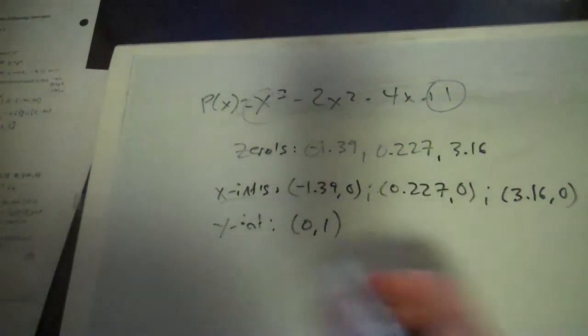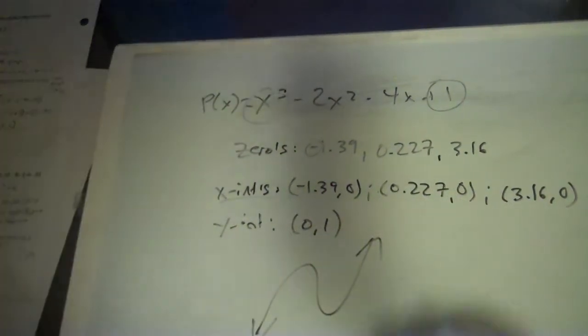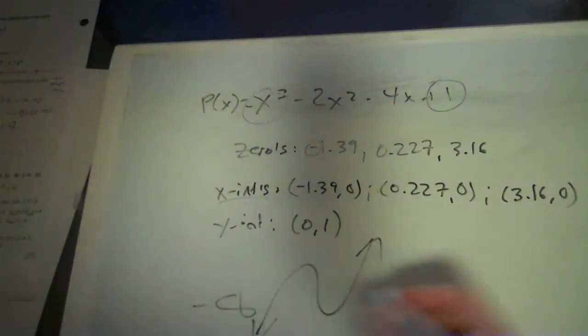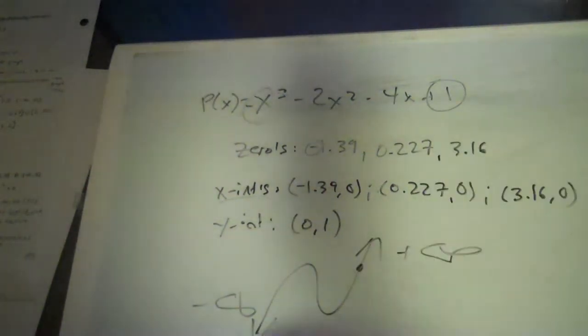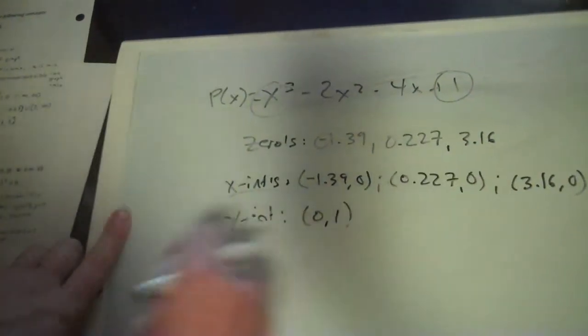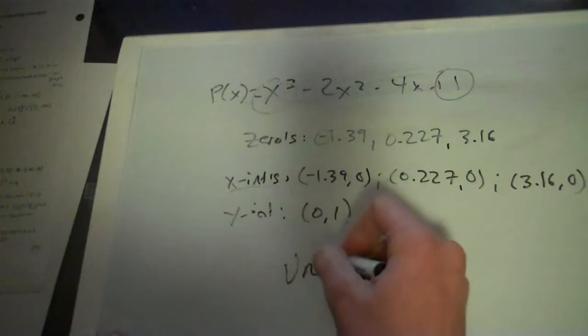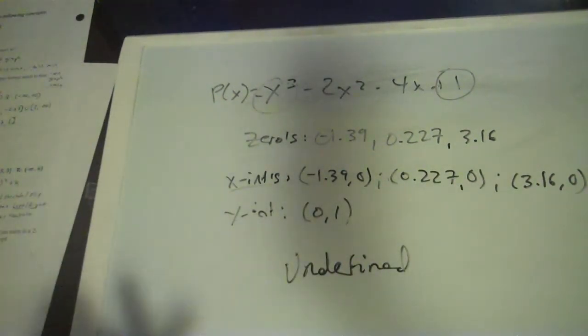This graph looks like this, and we have negative infinity and positive infinity, so you can't say that any point is the extrema, because it keeps going. So we don't have a defined extrema. It's going to be undefined for the extrema.